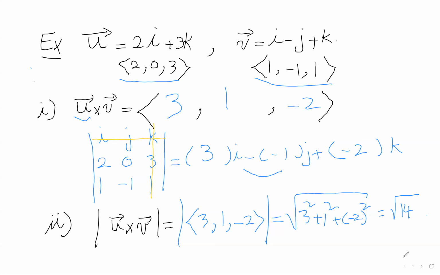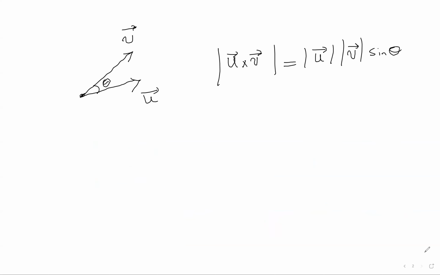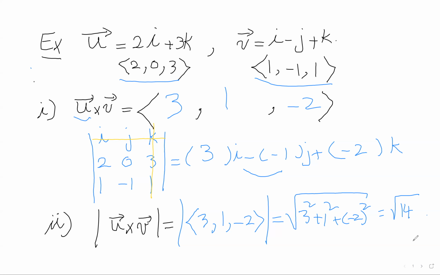Of course, we can use the lesson that we did for the dot product to find the angle, and after finding the angle, use the formula here to find the length of U cross V. But this method is a little bit shorter.